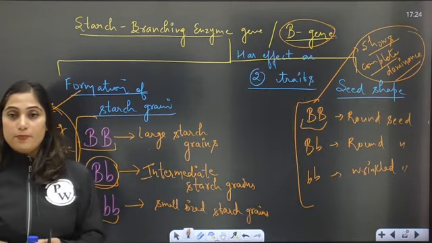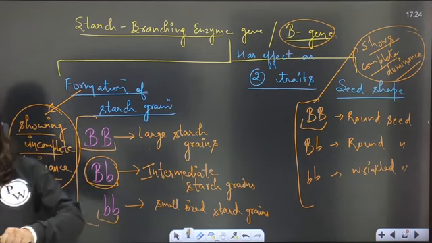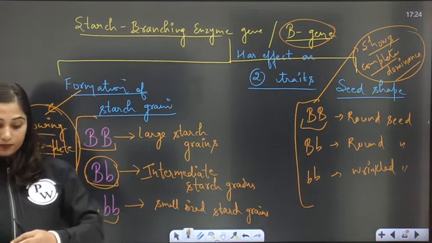Now let's take another example of pleiotropy, that is phenylketonuria.